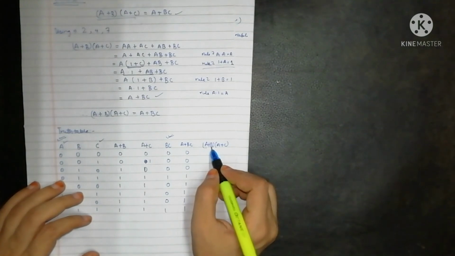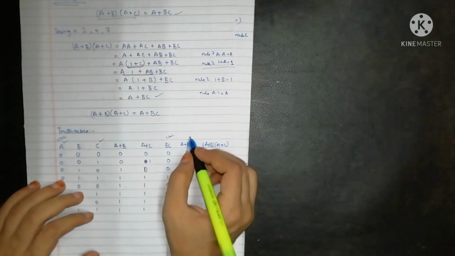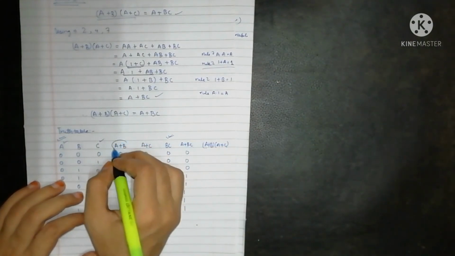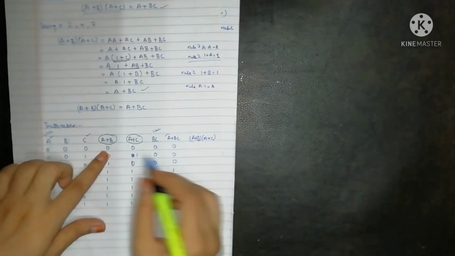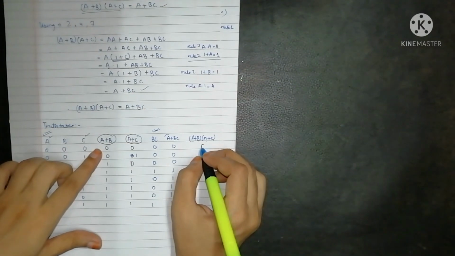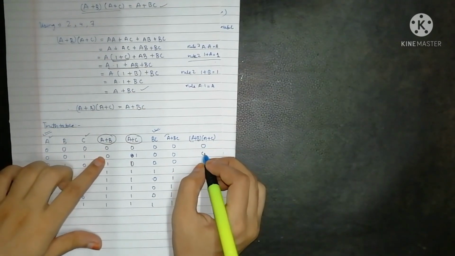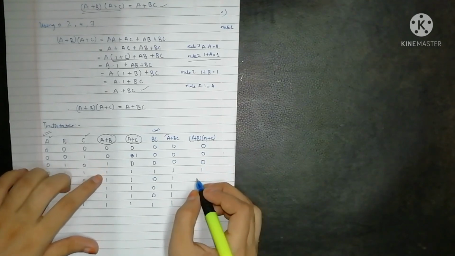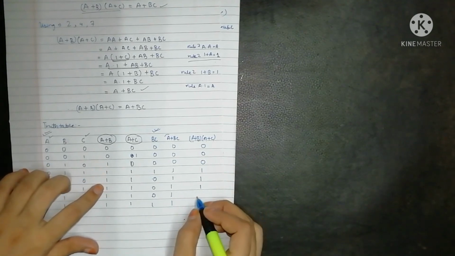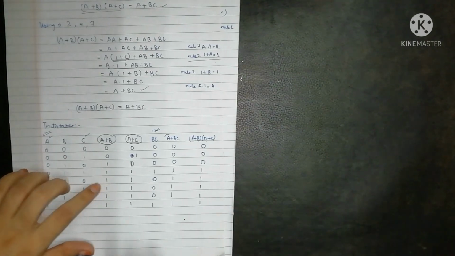Then we will take (A + B) into (A + C). Here I have A + B and here is A + C. So the product of these two columns: 0 into 0 is 0, 0 into 1 is 0, 1 into 0 is 0, 1 into 1 is 1, 1 into 1 is 1, 1 into 1 is 1, 1 into 1 and 1 into 1 is 1.